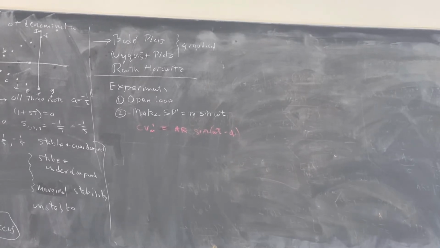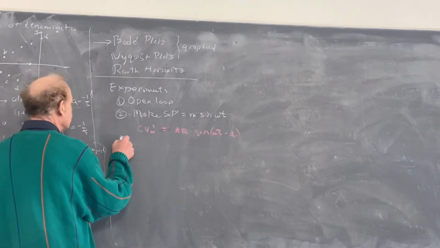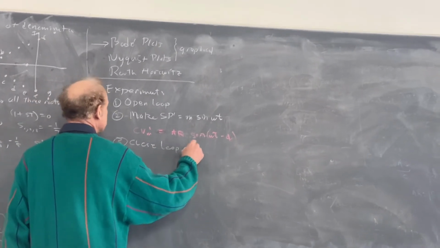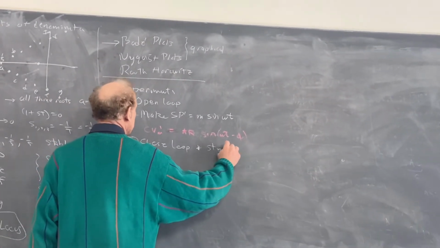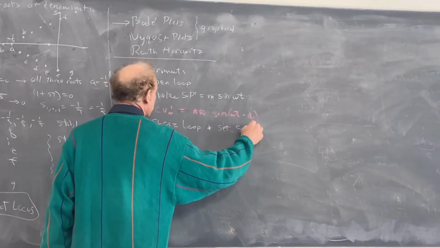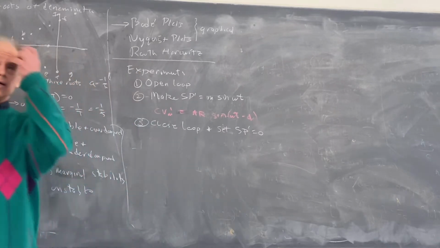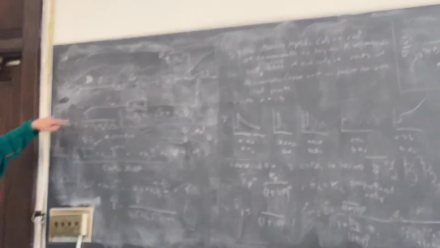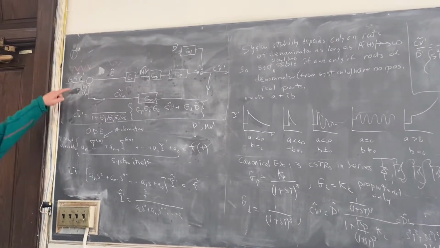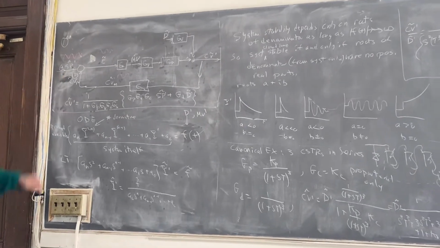Now, at the same time, I'm going to close the loop and set SP prime to 0. So I have the sine function in the system, but now I'm going to close the loop and set SP prime equal to 0.